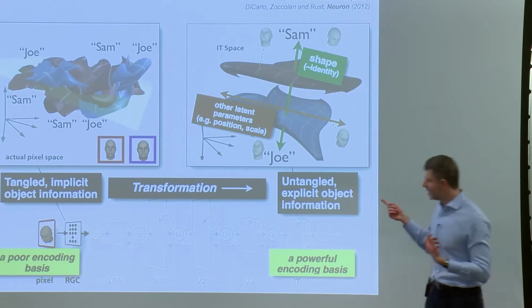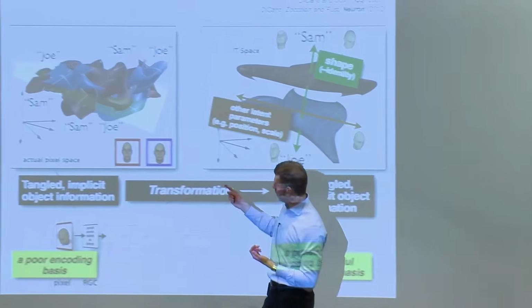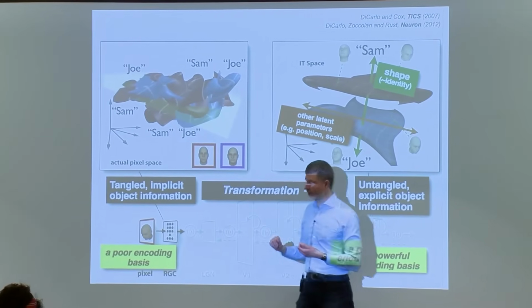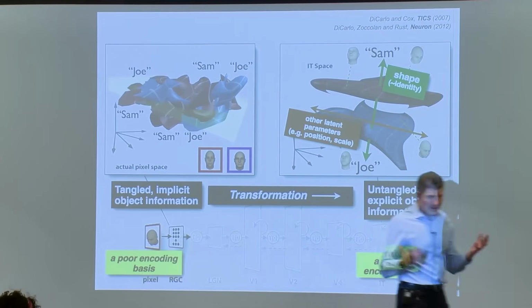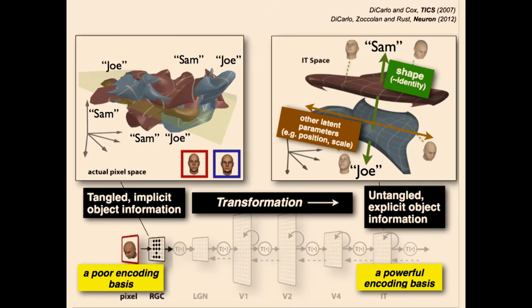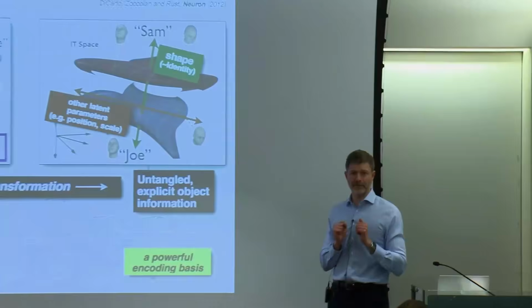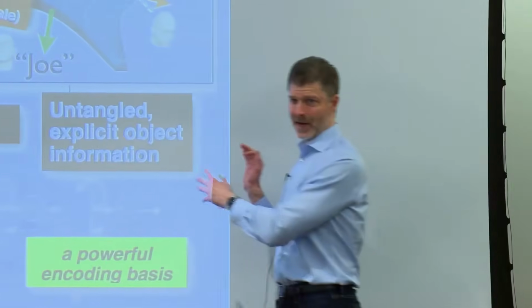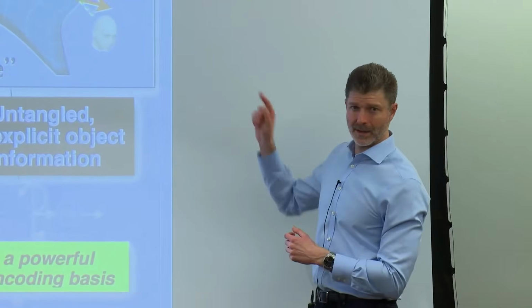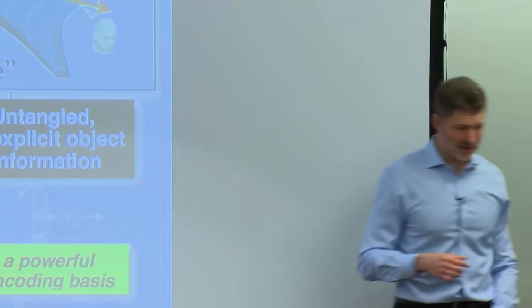So the idea is that the identity of the individual in the pixel input is implicit. It's there, because the visual system just gets that image as input and is able to recognize something, but it's not explicit. It's not easy to read off. But then you perform this series of transformations and you generate these representations where by hypothesis things are explicit.